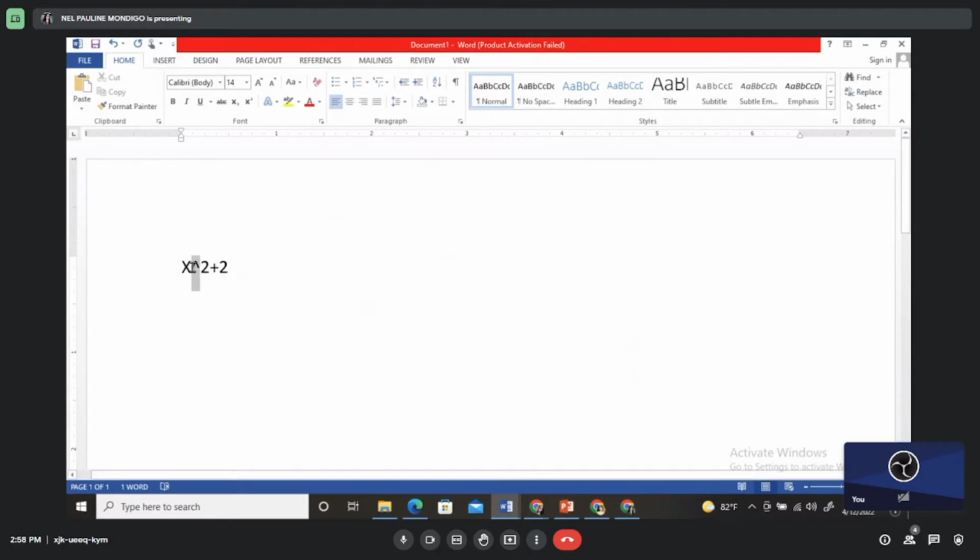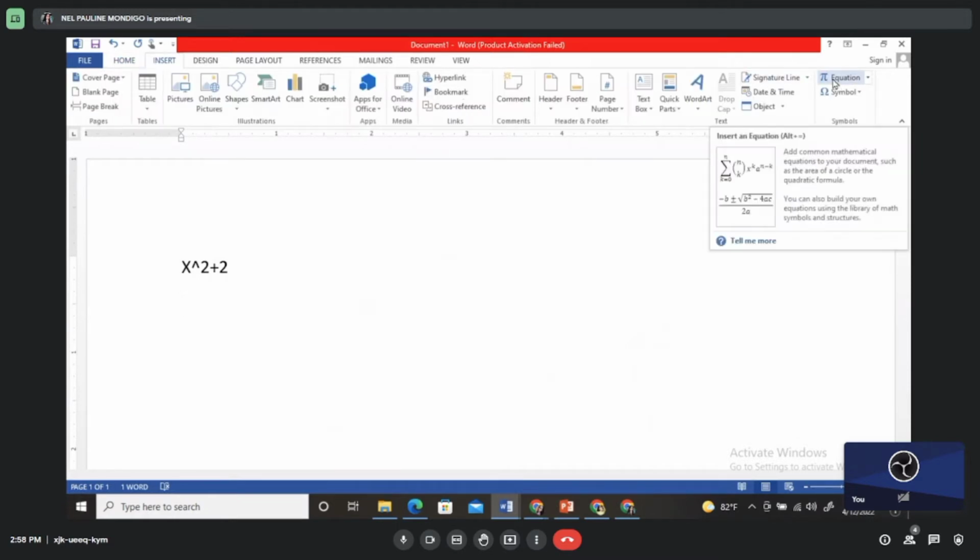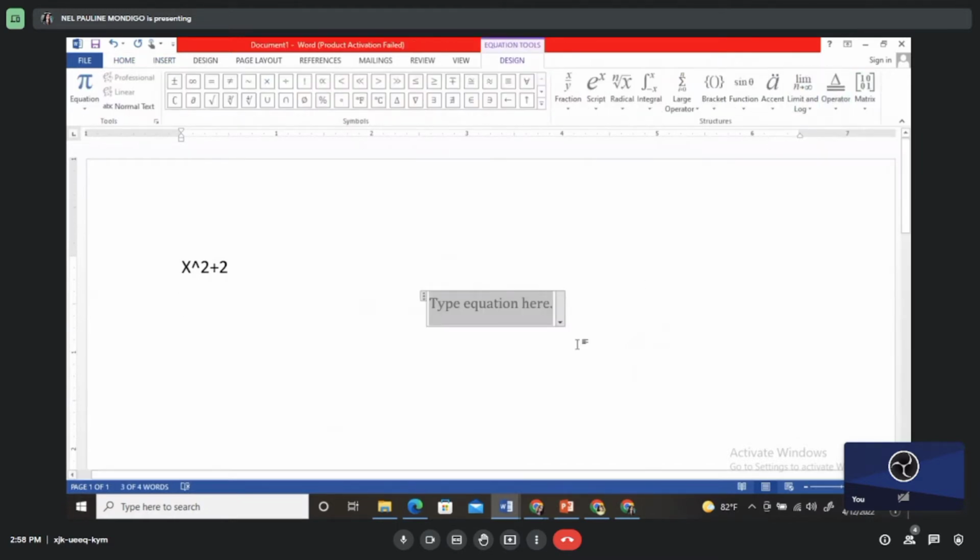on what its purpose is or how you will read this. So instead, we will go to Insert, click the Equation at the top right, and then it says type equation here. So how will we write x squared plus 2? Let's go to Script and then choose this.